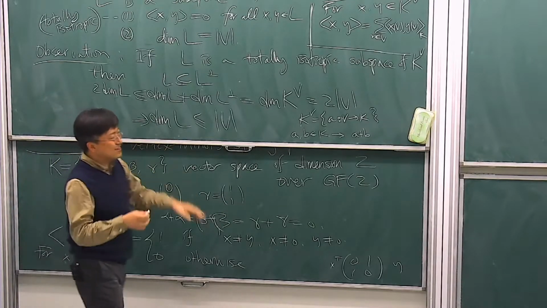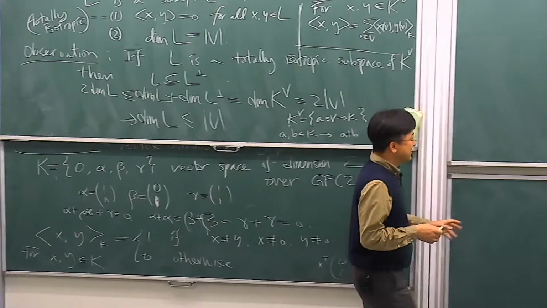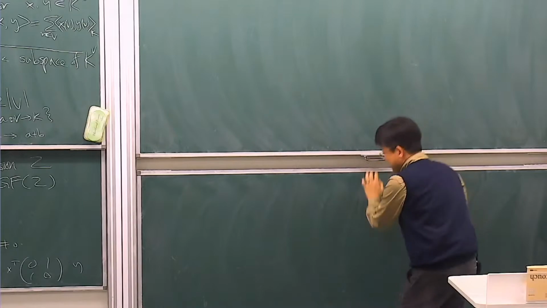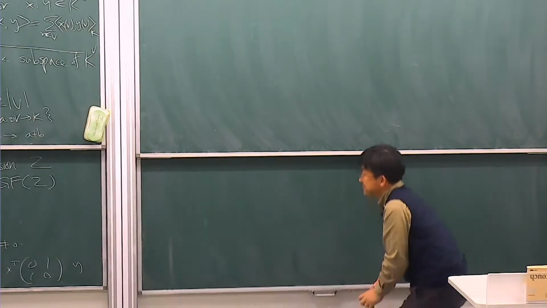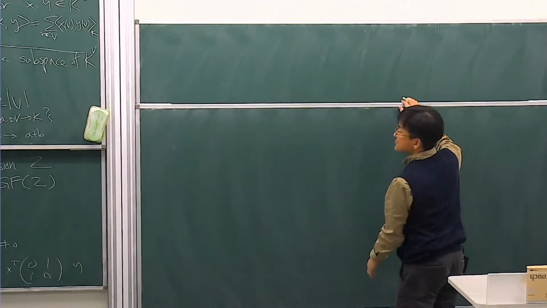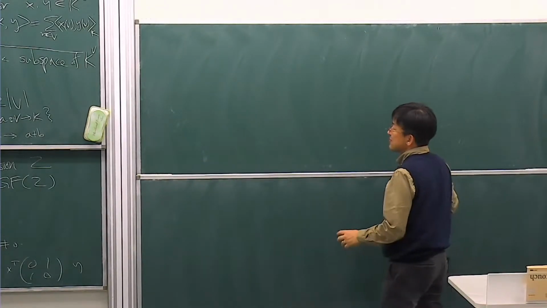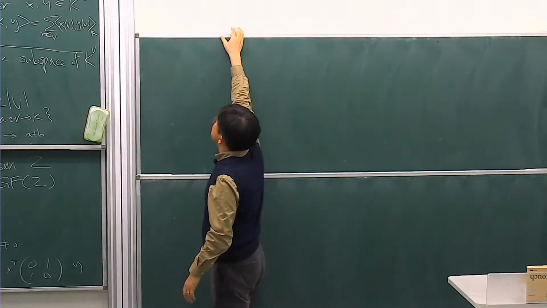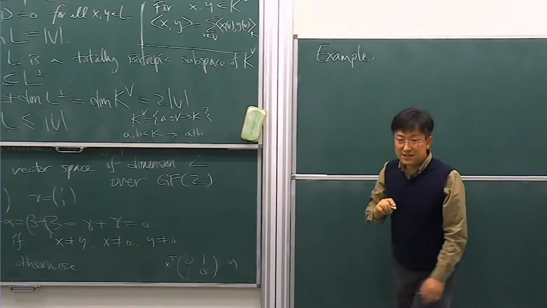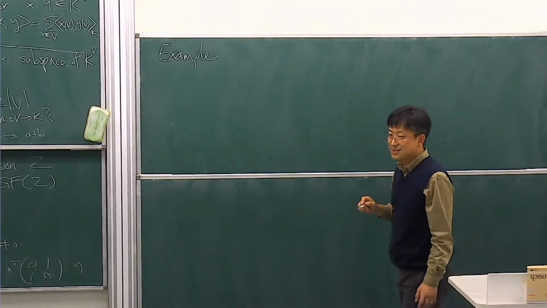So let me give you an example. So far, this is very abstract and it's not easy to see what's going on. So the key example to consider is the graph.